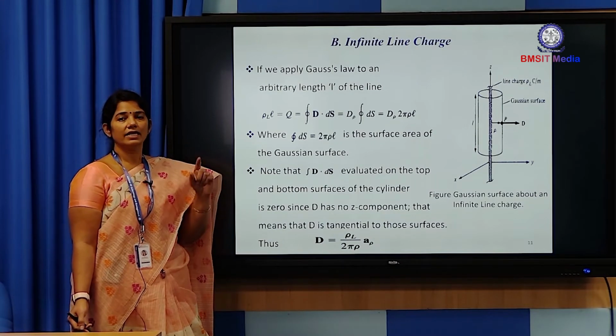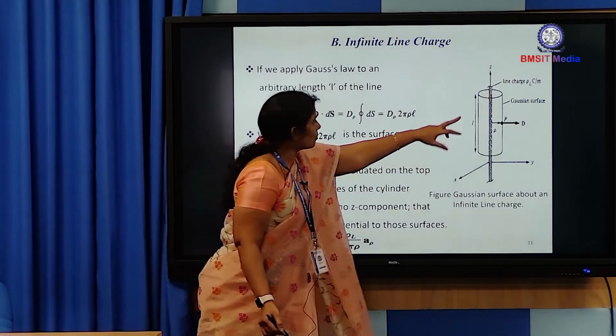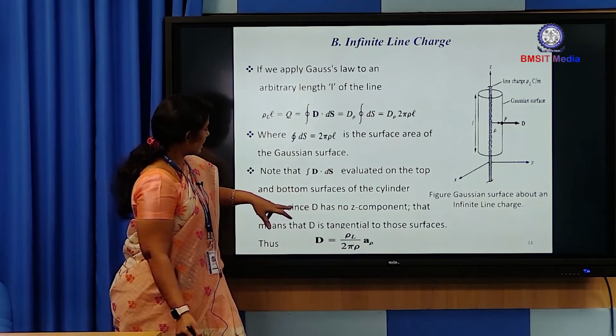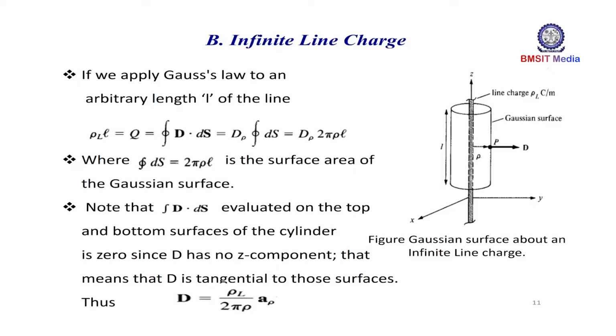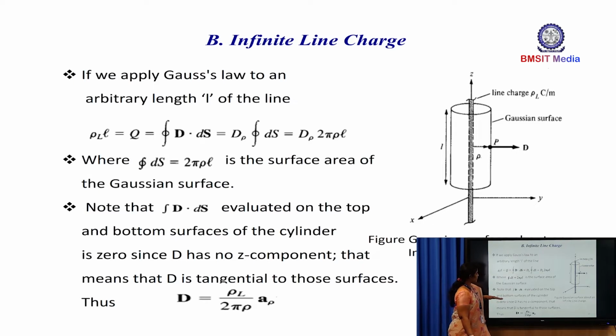So the integral of D dot dS for the top and bottom surfaces is going to be 0. Since D has no z component, D is tangential to those surfaces.